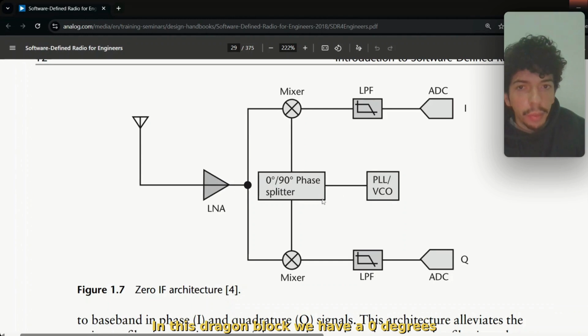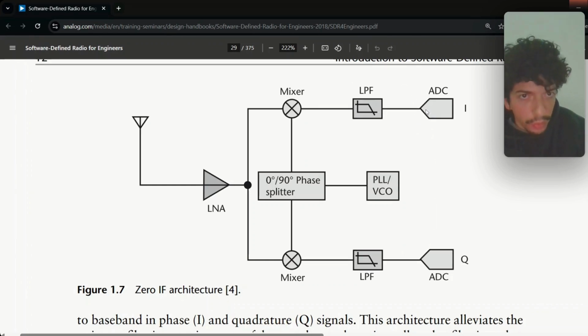In this block diagram we have 0 degrees, 90 degrees phase splitters, and in this line we have a signal and cosine, in phase with the carrier. In this signal we have a sine, phased 90 degrees from the carrier, okay.